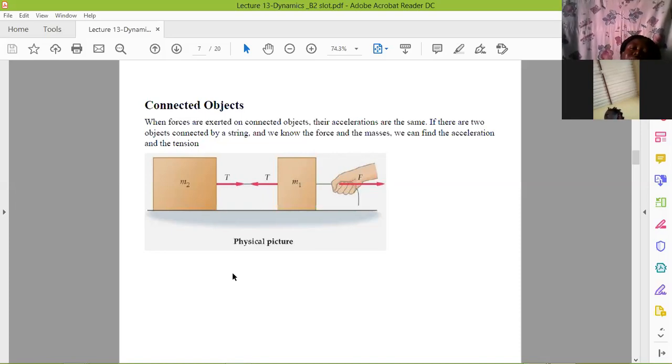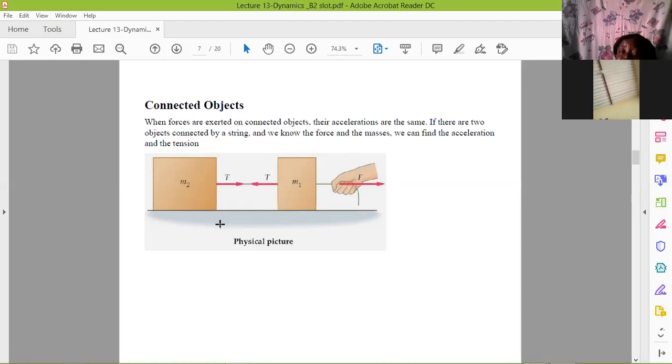Okay. And one thing that we need to know is that if the objects are connected together, they always move with the same acceleration. There is no way one object will move with higher acceleration than the other object. They always move with the same acceleration because you are applying the same tension.